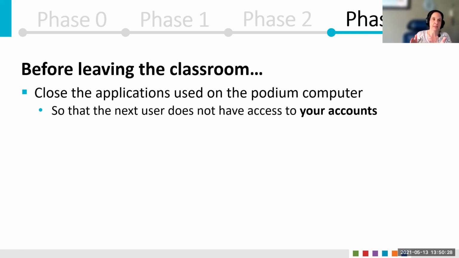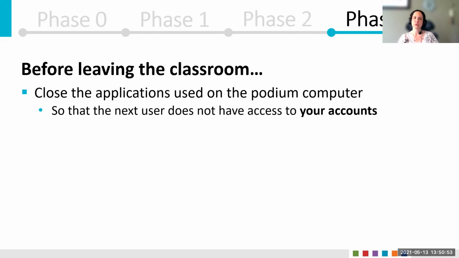It protects your information, so the next user doesn't have access to your accounts and can start without extra steps to log out. Anytime you use any public computer, it's best practice to log out of any application you've used so nothing is left of your own information.